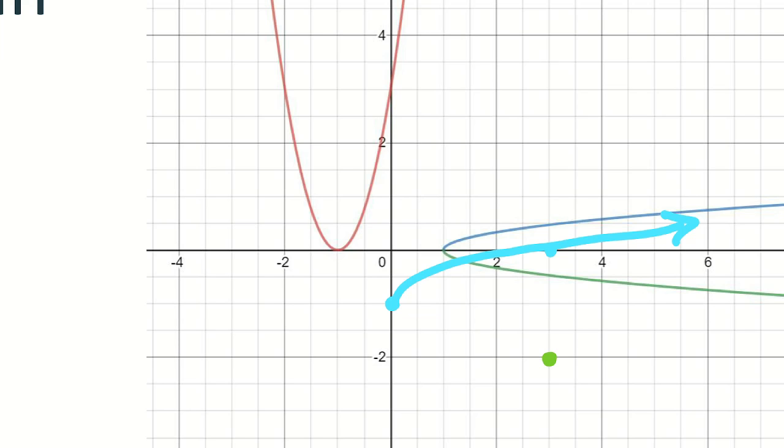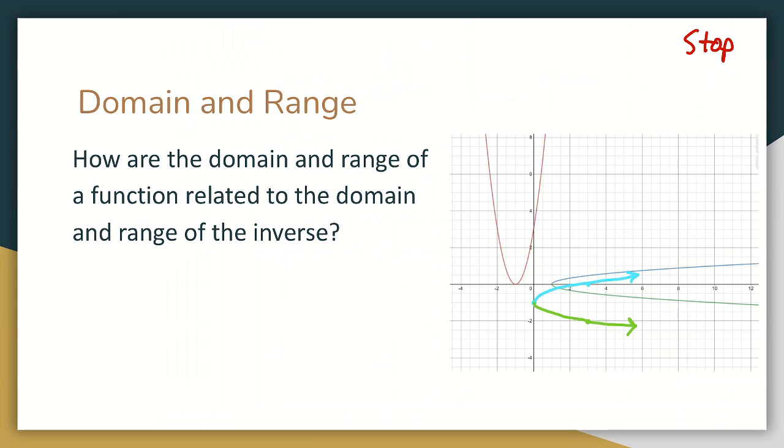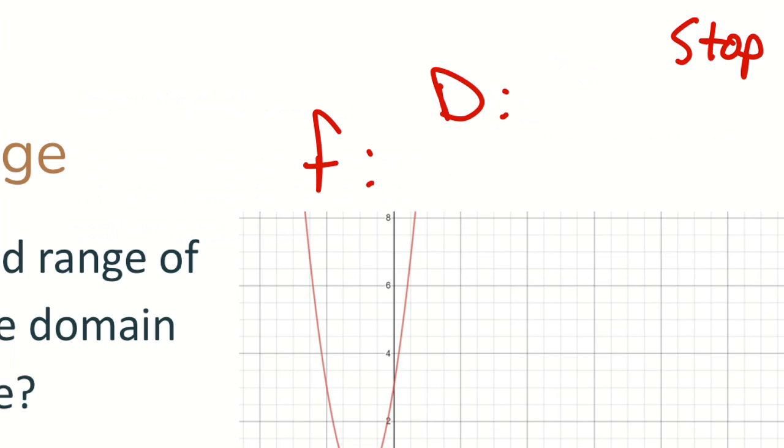So if we think about the original function, what is the domain of the original function? What are the possible x values for the original function? Let's call this f. So for f, what x values are possible? Well, all of them.